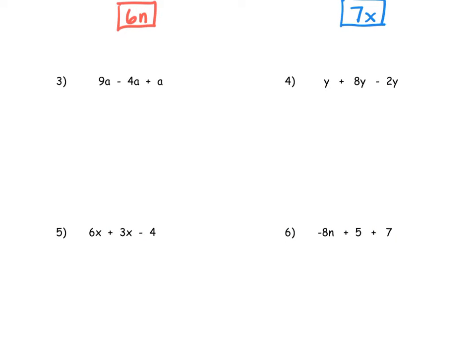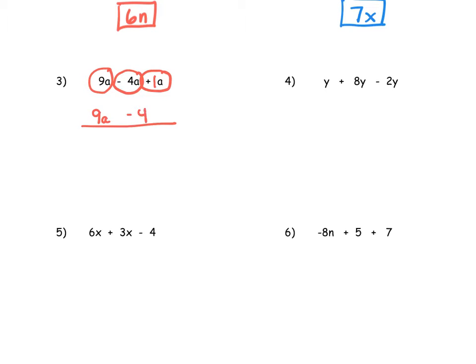Number 3 has 3 terms. I see 9a separated by a minus sign, 4a, so I'm going to look at that as negative 4a, and this variable doesn't have a coefficient, and I need one, so I'm going to put 1 in front of it because it doesn't change the value. So my like terms are all like terms.